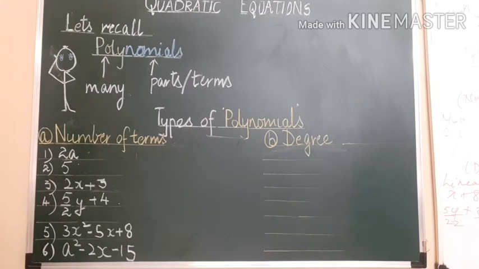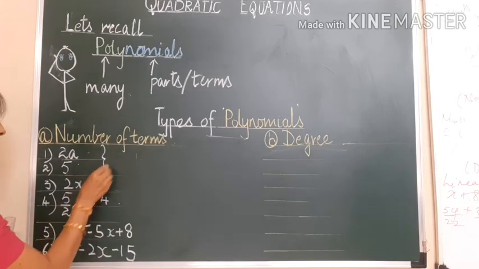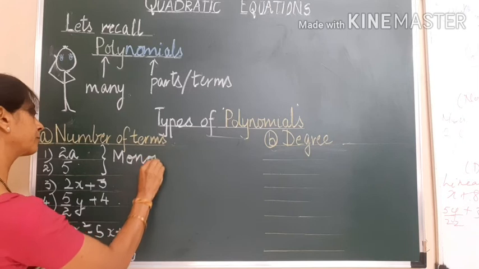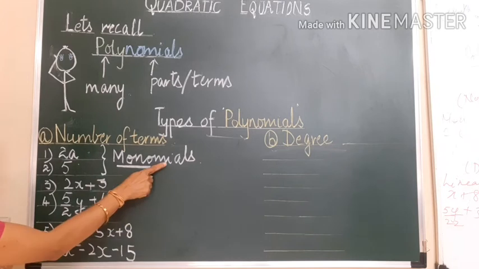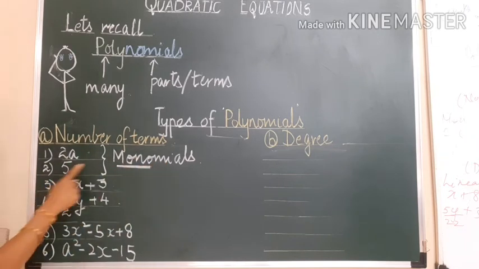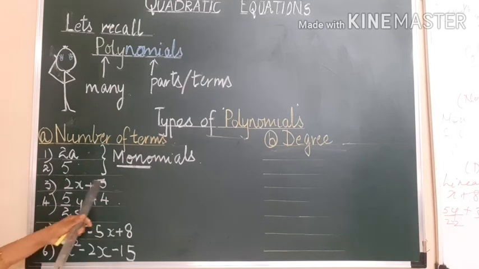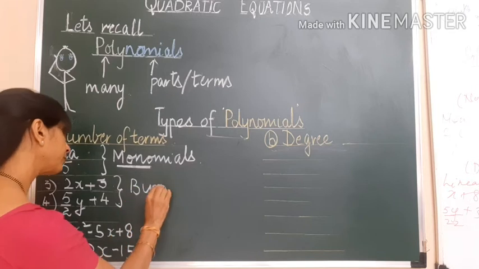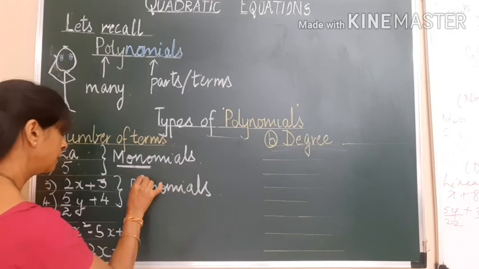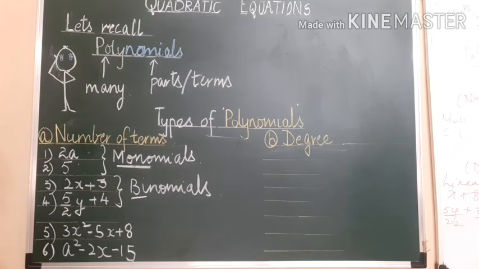So all these are examples of polynomials, but you can specify them under special names. Algebraic expressions or polynomials having only one term can be called monomials. Mono means one term. Polynomials having two terms are called binomials. Bi means two.